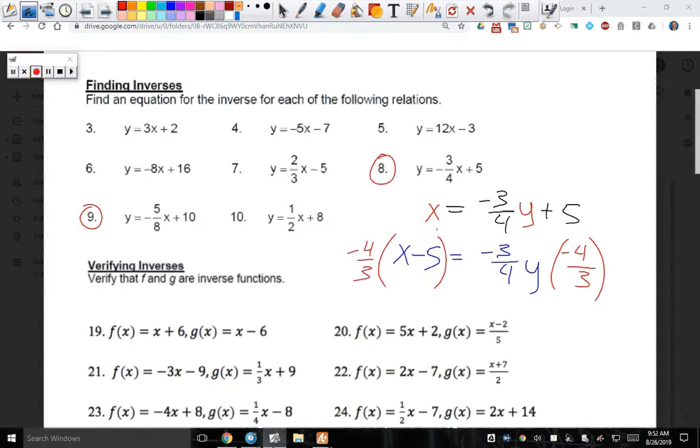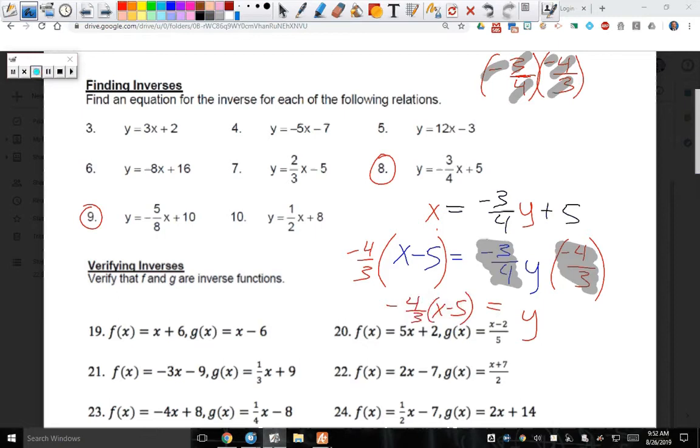Here we go. Because a -3/4 times a -4/3 will cancel and reduce. Those cancel to positive, those cancel to 1, those cancel to 1. It all cancels to what? Just 1. So you're left with y on the right side and this on the left.